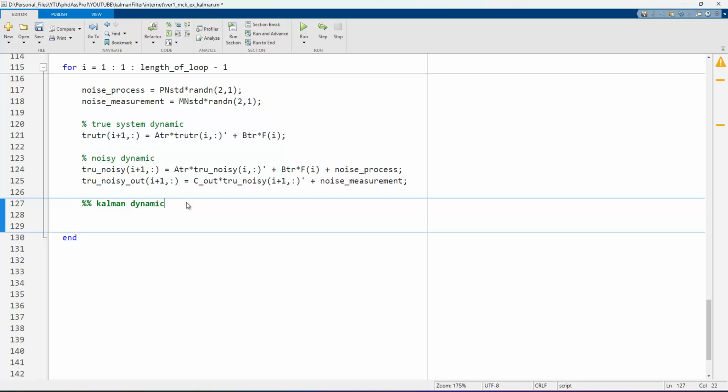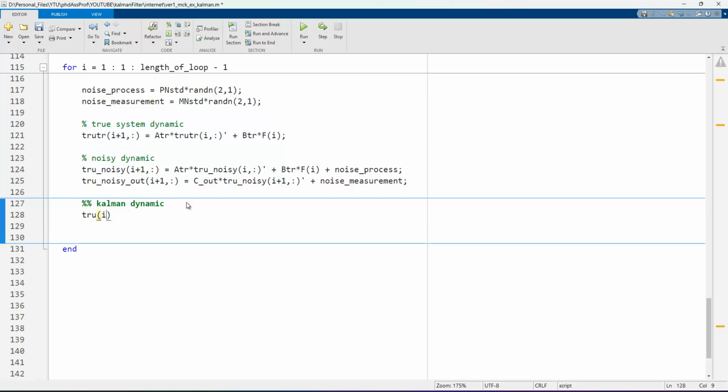And so the Kalman dynamics, the true (i+1), is equal to what? S(i) in this structure, A times true(i), and S(i).B times Phi(i), plus noise process.